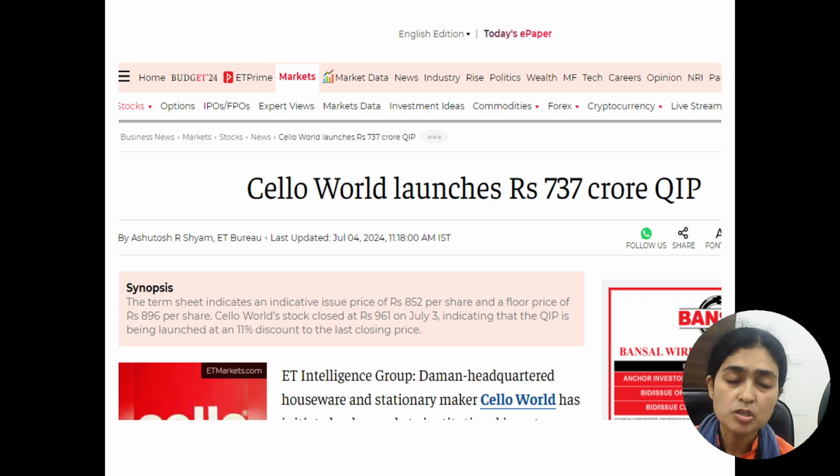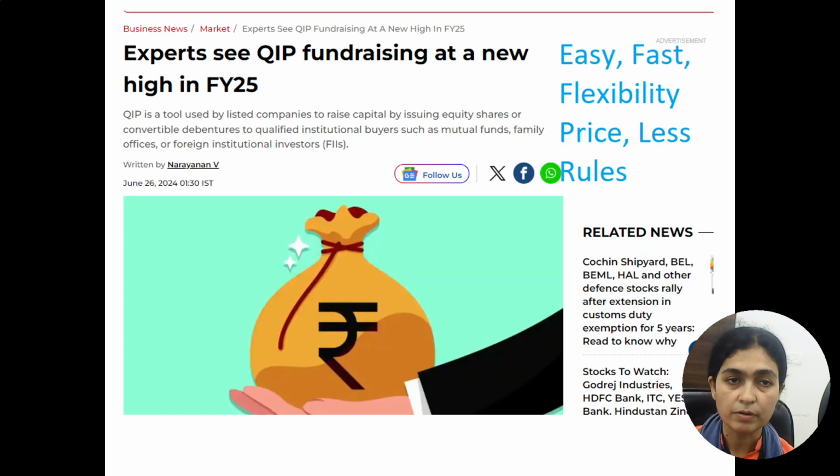The next example is of QIP. As we have studied, what do you mean by QIP? This is just to understand from the practical world that Cello World launches a rupees 737 crore QIP, which means only the qualified institutional buyers will have participation in this particular offer. This news talks about what the trend will be in the coming time.